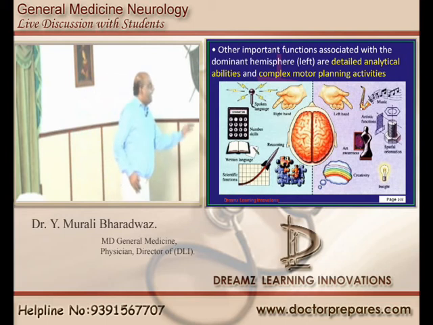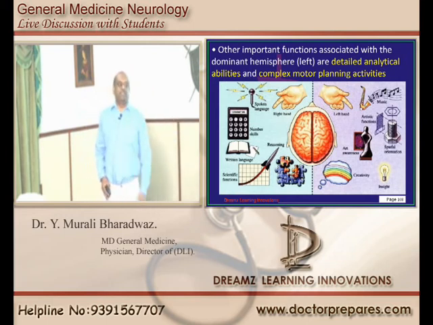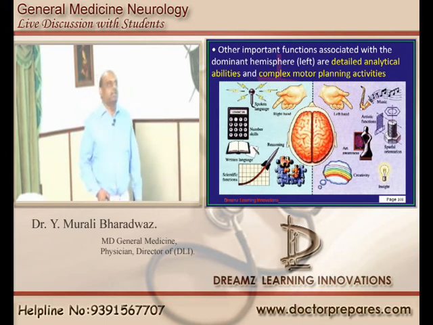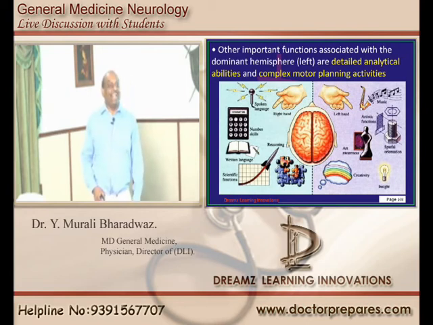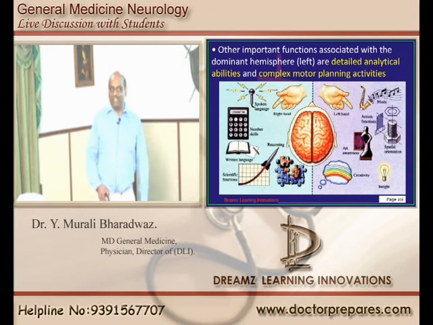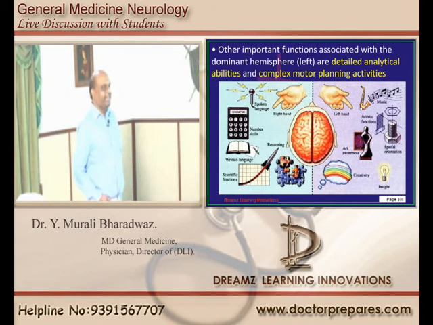Similarly, our detailed analytical abilities, what is the meaning of it? मुझे 100 मार्क्स आ गए तो इसको कितना आ सकता, इसको तो मुझे 100 आ गए तो उनको तो 50 ही आना पड़ेगा, कैसे उससे ज्यादा आएगा? So we keep calculating others, that is due to our dominant hemisphere.